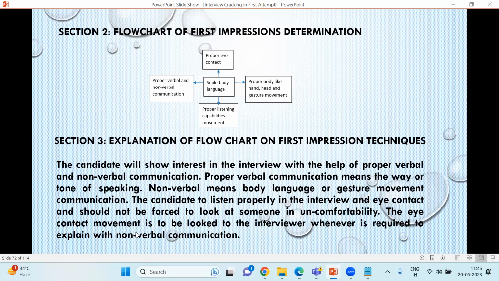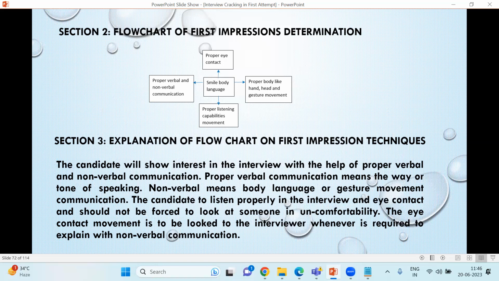Eye contact means looking at the interviewer whenever required, along with non-verbal communication. So it is mainly about proper verbal and non-verbal communication, proper eye contact, proper body, hand, head, gesture and neck movement, and proper listening capabilities expected from the candidate by the interview panel.